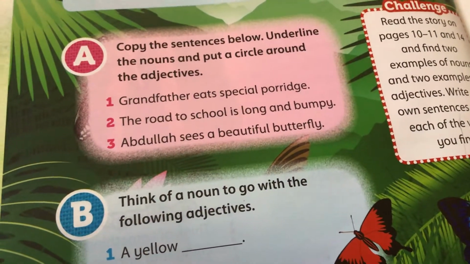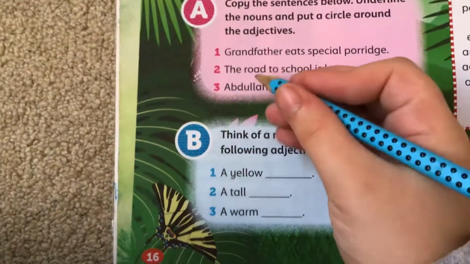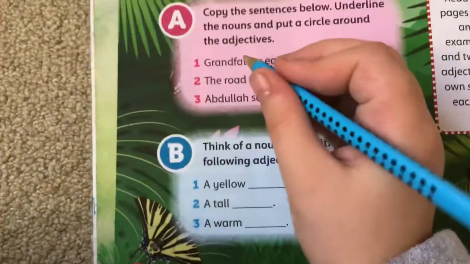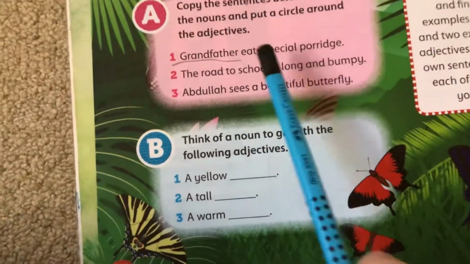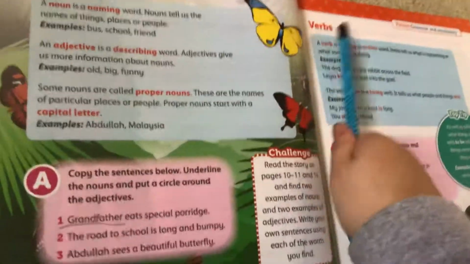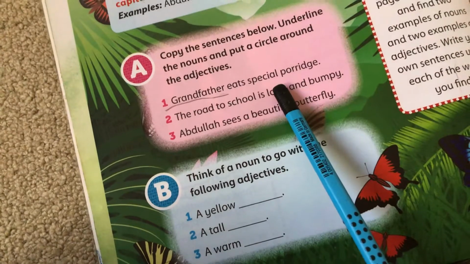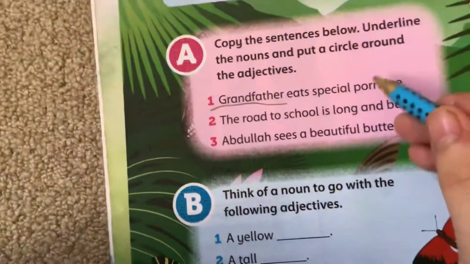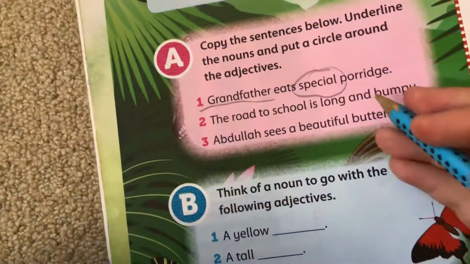Copy the sentences below. Underline the nouns and put a circle around the adjectives. Now, because I don't have anything with me, literally, I will just underline. So, first we underline the nouns. Grandfather is a noun. Eats is not a noun, neither an adjective. It's a verb, and we're learning that in a little. Special. It's an adjective, so let me do a circle.